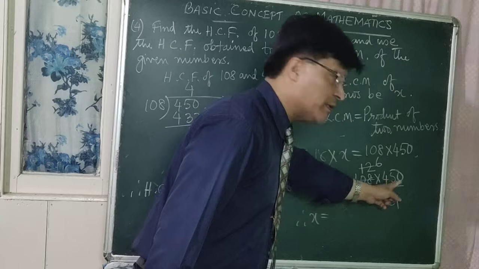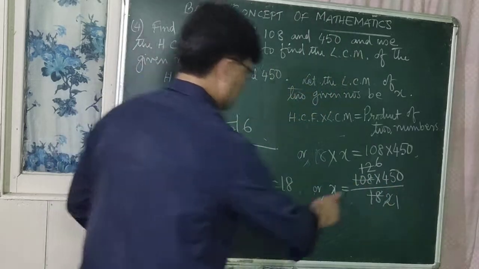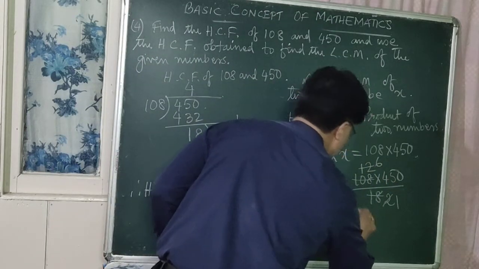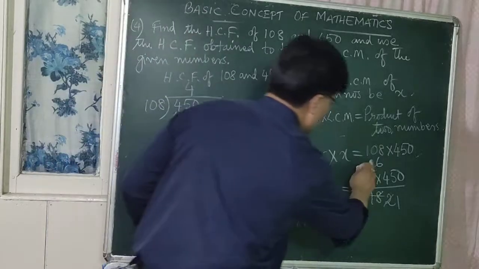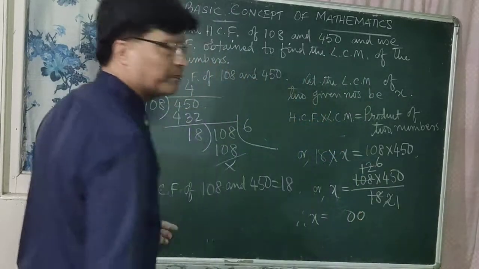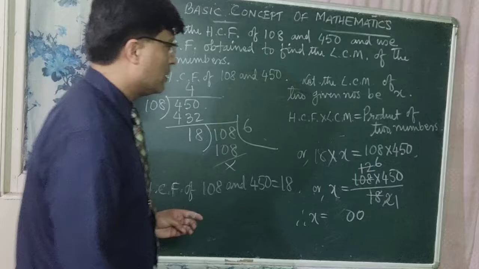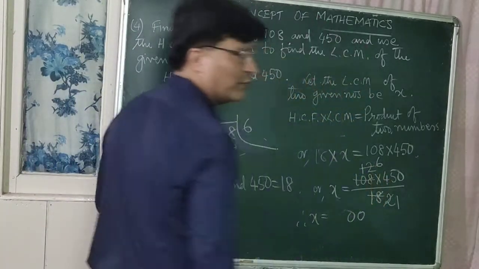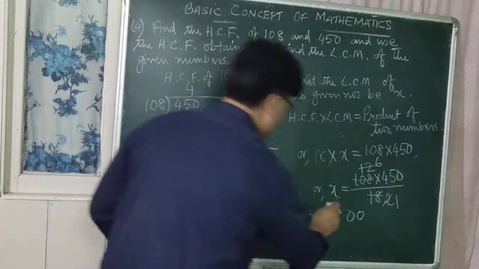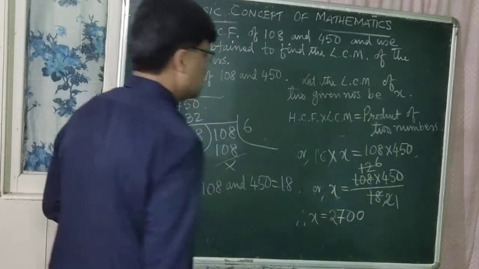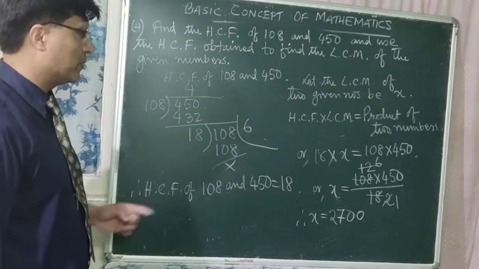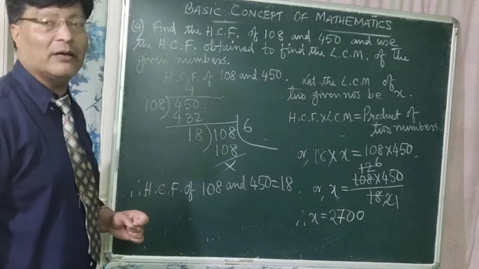You have to multiply 450 by 6, right? 6 zeros are 0. 6 5s are 30, 0, 3. 6 4s are 24 plus 3 is 27. So it is 2700. So X is equal to 2700.